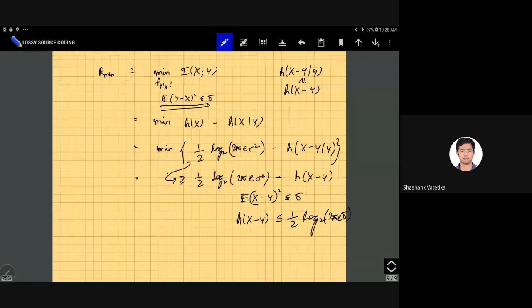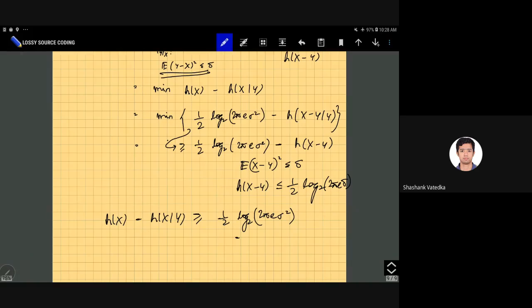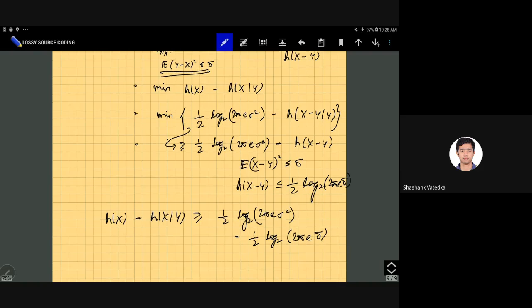So therefore, h of x minus h of x given y is always greater than or equal to half log 2 pi e sigma square minus half log 2 pi e delta. Right?